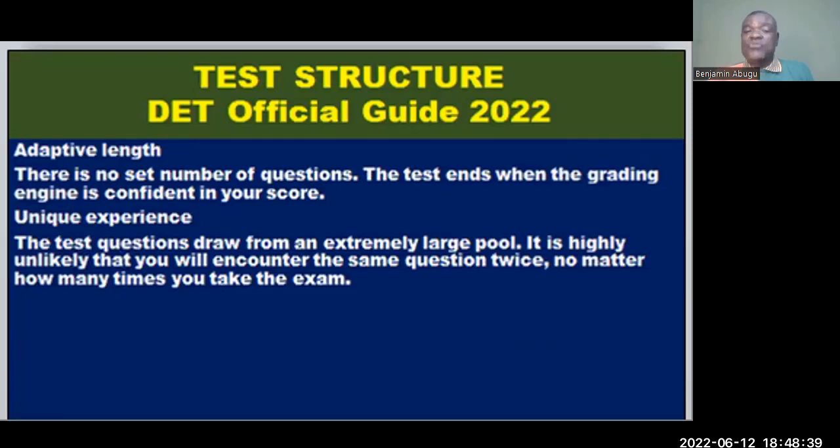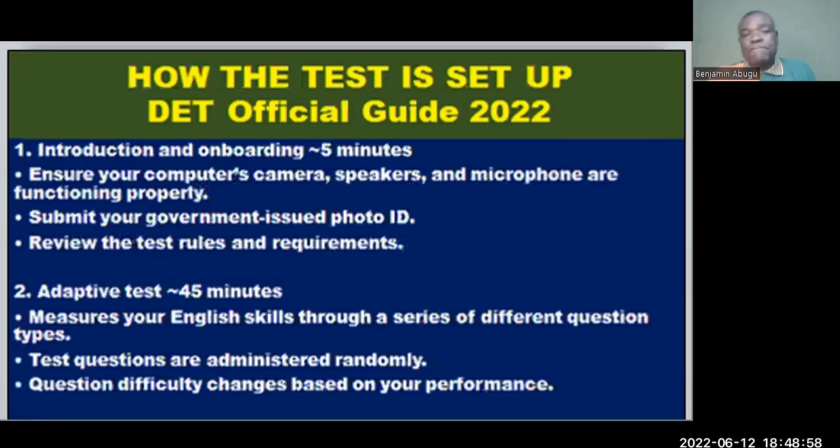The test questions draw from an extremely large pool. So it is unlikely that you will encounter the same question twice, no matter how many times you take the exam. So that's the adaptive nature of the test, all right? Then how the test is set up. Let's take a look at this. You will also find this in the official guide 2022.